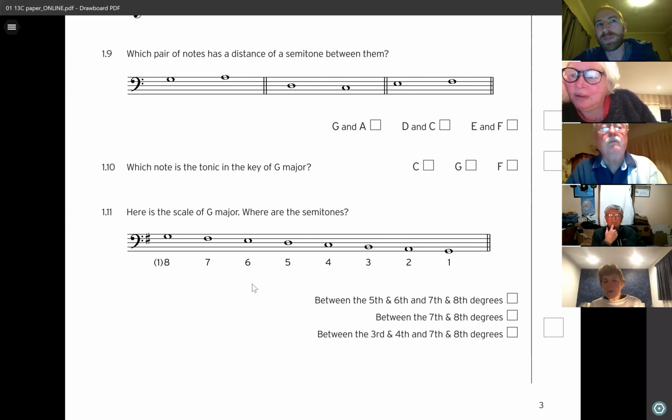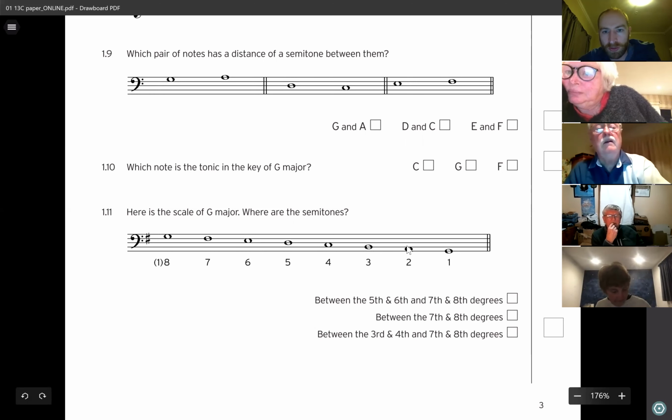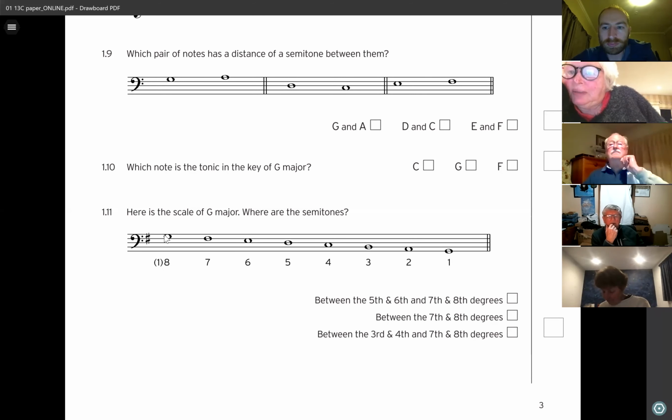Well, no, it depends what key you're in. It does if you're in the key of C. When you're looking at a scale, the pattern is always tone, tone. So if you're starting on 1, that's going to be a tone, that's going to be a tone, this is going to be a semitone. Tone, tone, tone, semitone. That's just the pattern of a major scale every time, no matter which major scale you have.